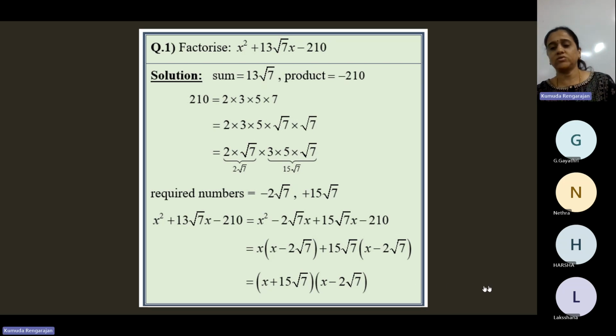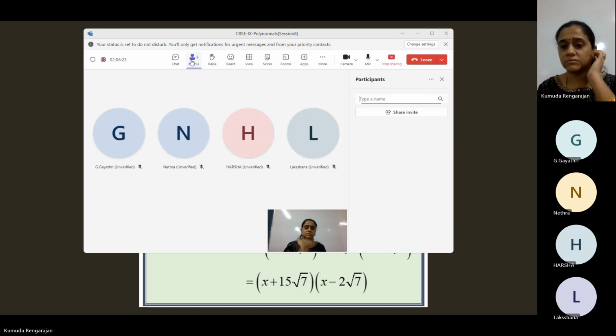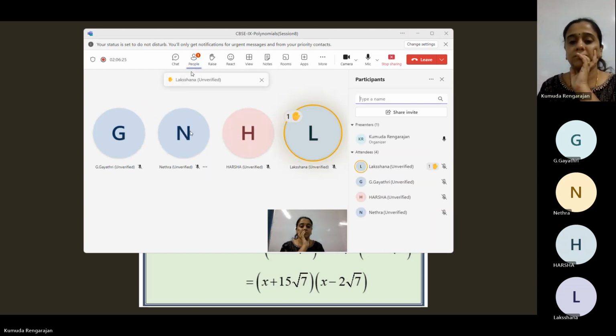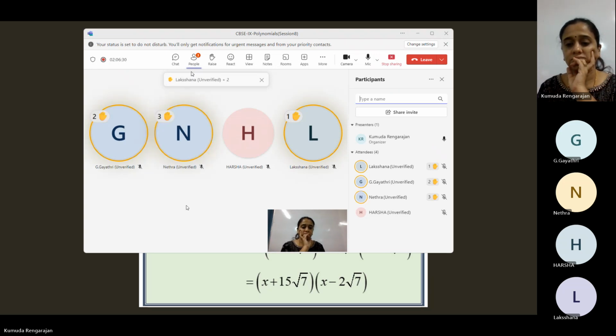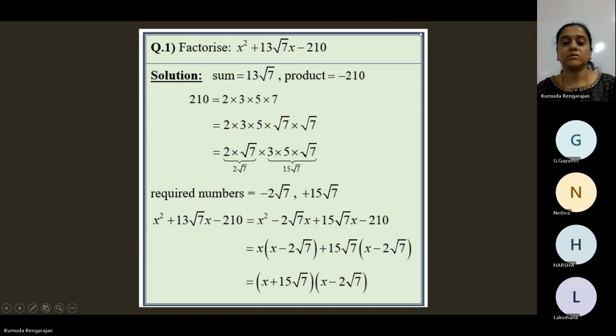Okay, class, use the emoji, raise your hand. Gayatri, Netra, Harsha, and Lakshana. Harsha? Okay, good. Lakshana, Gayatri, and Netra. Nice.